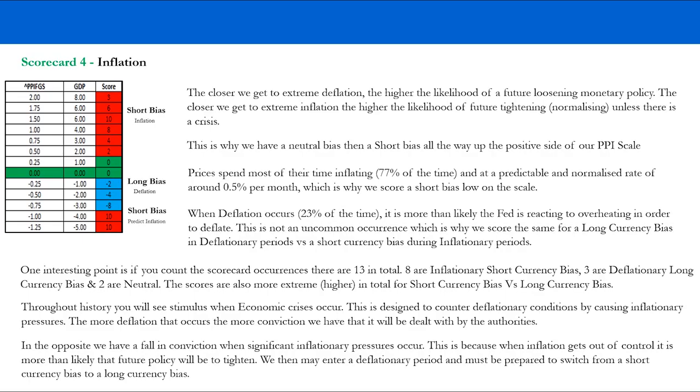So being able to flip from seeing large inflationary prints from the Bureau of Labor Statistics, assigning a high short currency bias, and then as the prints get higher and higher, being able to realize that these are extreme situations and that there's going to be tightening and flipping to a neutral or long currency bias, and in the opposite, flipping from being a deflationary position and then flipping to becoming a trader that's predicting inflation because we're seeing the extreme circumstances.